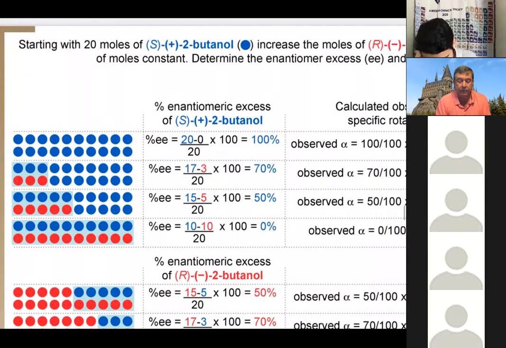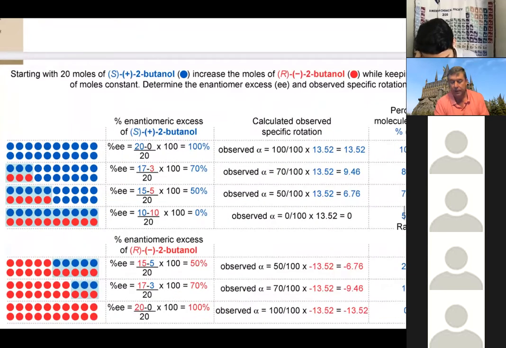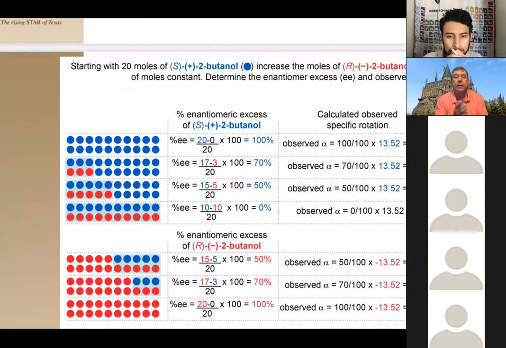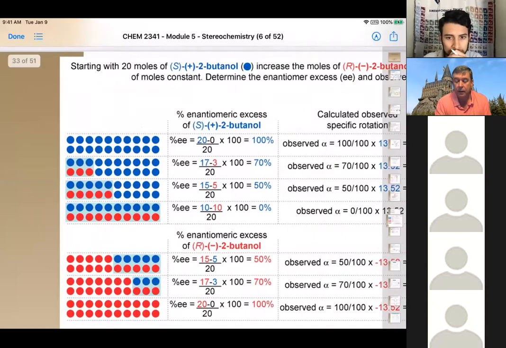So this is in moles, and that's the enantiomer. So let's look at that as a function of moles right here. That means 100% of it is that S isomer. So if we look at this right here, that means every single molecule in that solution is rotating light in the positive direction and they add up together to give us 20, okay?